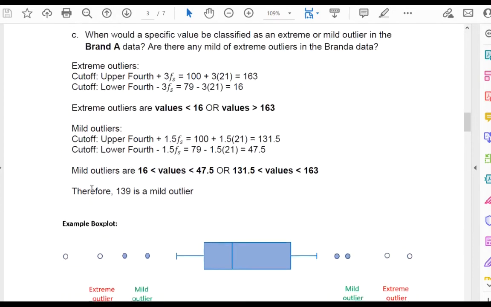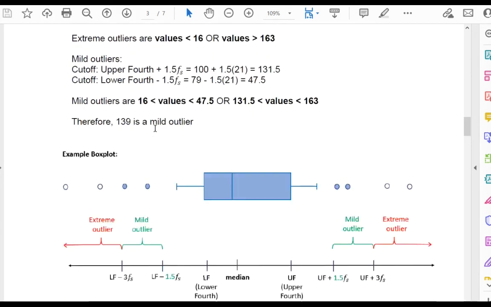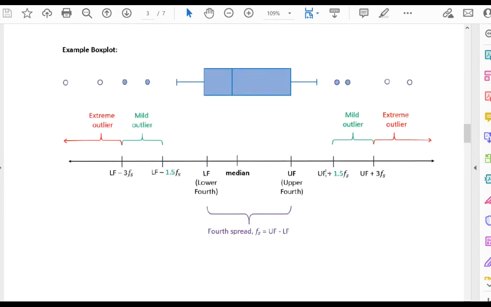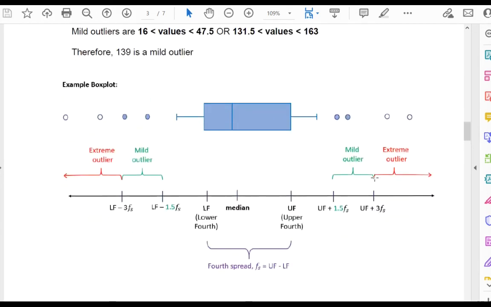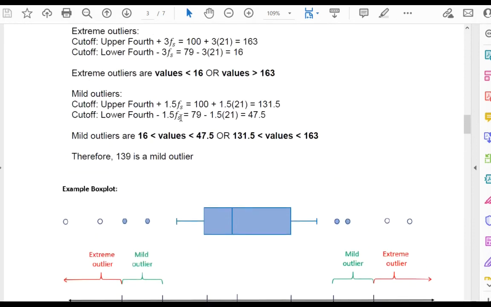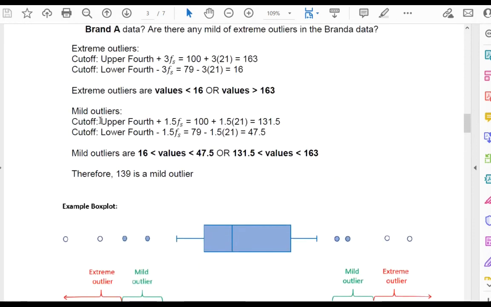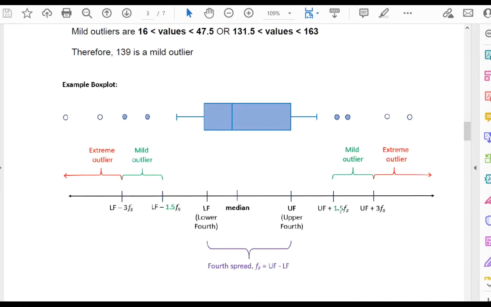So in your calculation, let's look at, let's say, this first cutoff value here, and then that one. So upper fourth plus 1.5 fourth spread is 100 plus 1.5 times 21, which is our fourth spread, which is 131.5. So 131.5 is over here.